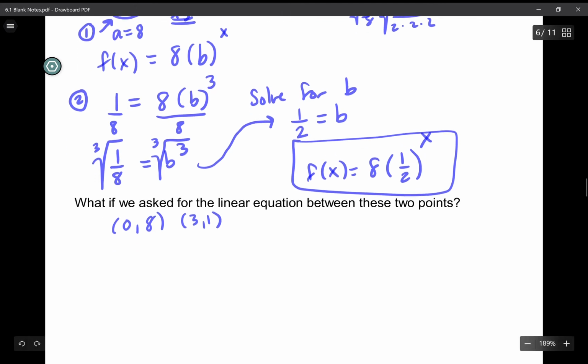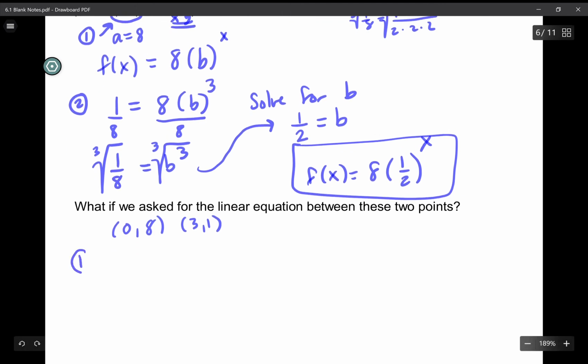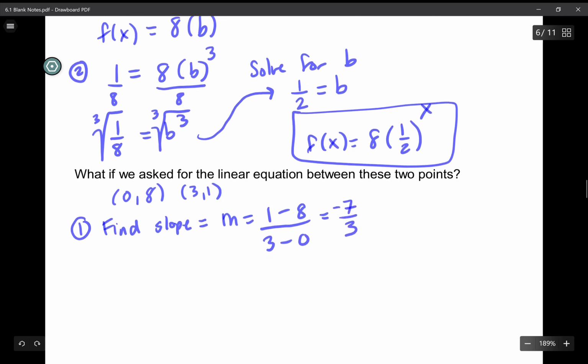All right, were you able to find it? Did you remember the first thing we do is find the slope? I hope so. Find the slope, which is y2 minus y1 over x2 minus x1, which in this case is going to be minus 7 over 3. And now you plug in one of these points.